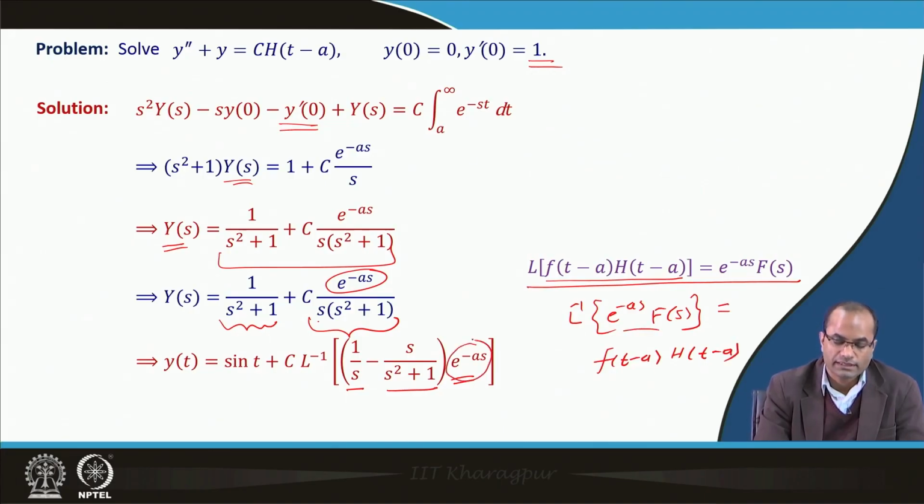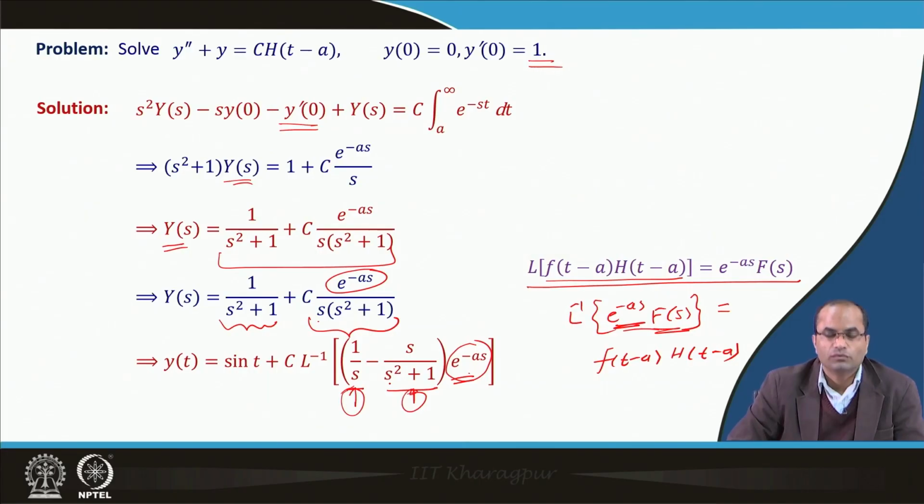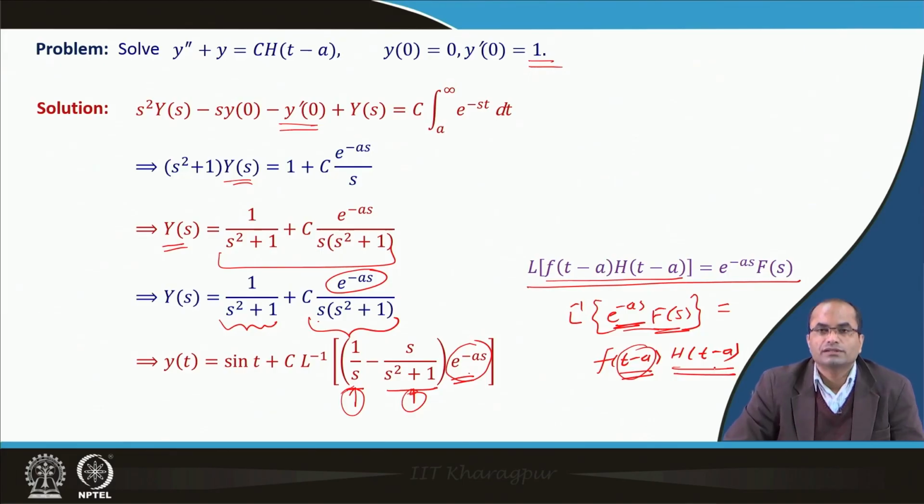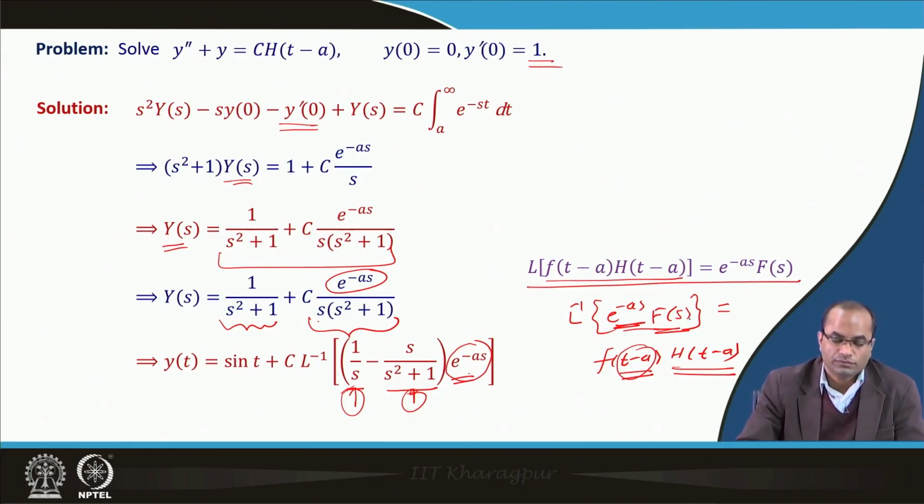So, e power minus as is sitting there too, and we have F(s). So, F(s) is 1 over s minus s over s square plus 1. There are two functions. The inverse of this is 1, and the inverse of s over s square plus 1 is cos t. So, then there will be a shift in cos t, that t will be replaced by t minus a, and there will be a factor h(t minus a).